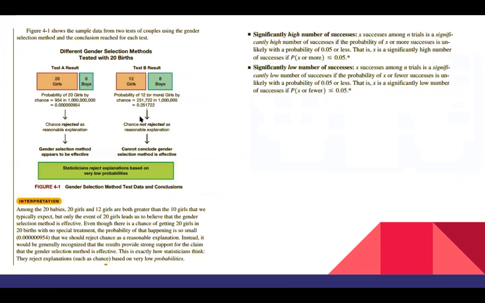And this is an easier way for all of us to visualize this. If this is the occurrence, then we reject, as a possible explanation, that the gender selection method appears to be effective. And if it's not, we do not reject and cannot conclude the gender selection method is effective, right?